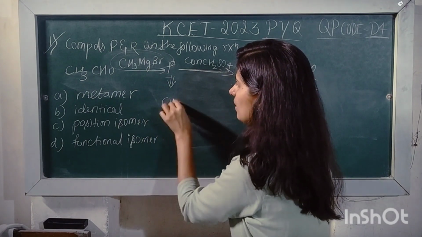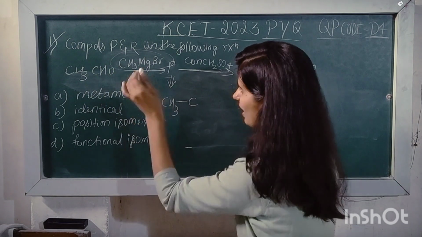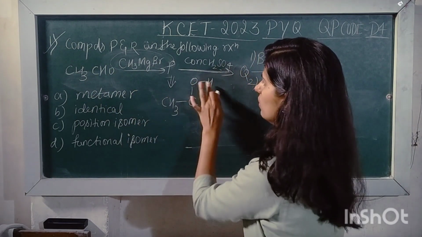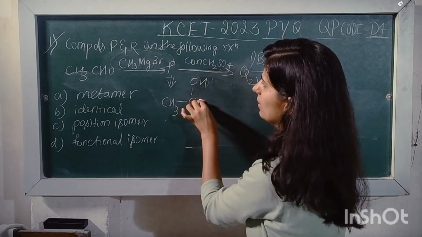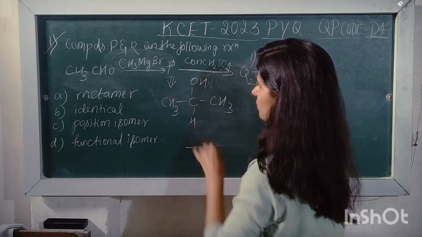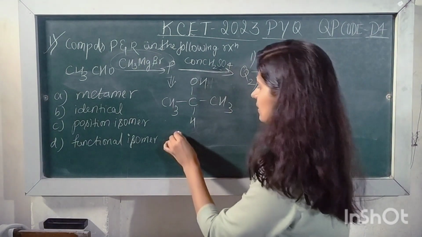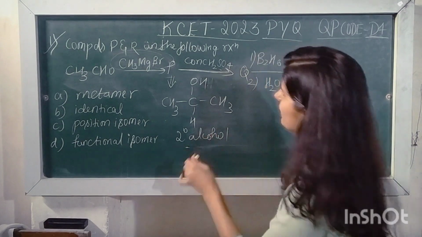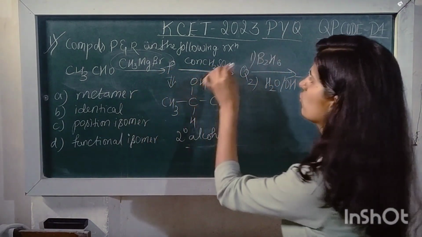So let's write that: CH3, CHO gets converted into an alcohol, that is OH, and here hydrogen. This is a secondary alcohol. Then they have given concentrated H2SO4.